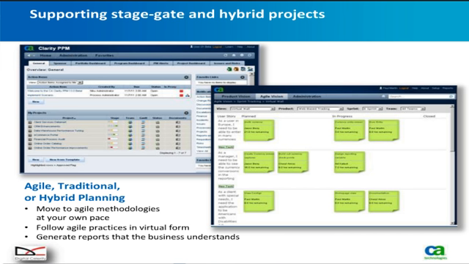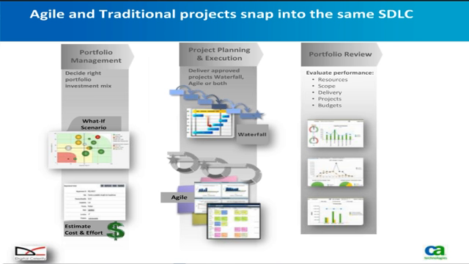So the Clarity PPM division went fully Agile along the V13 release. Other product lines within CA started going Agile shortly thereafter, and so you end up with a mix of projects and project management. Some are traditional projects and some are Agile. And so how do you support those? That's ultimately where Clarity fits in.